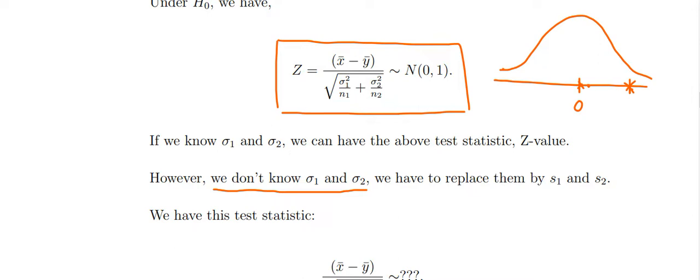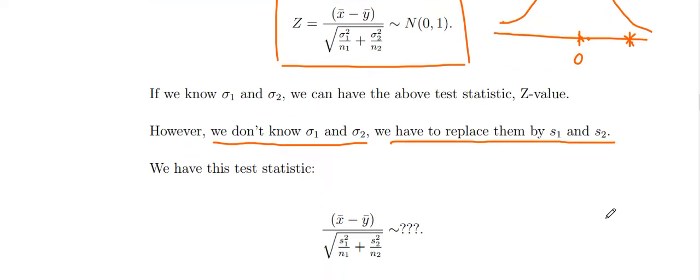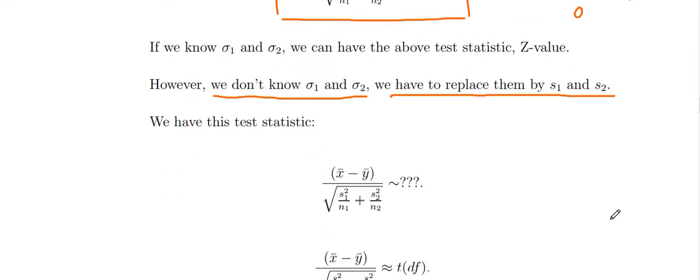Just like the one sample problem, we replace them by the sample standard deviations S1 and S2. From the sample, we can find the sample mean and sample standard deviation. So now we replace sigma 1, sigma 2 by S1, S2, and then we can find this test statistic.